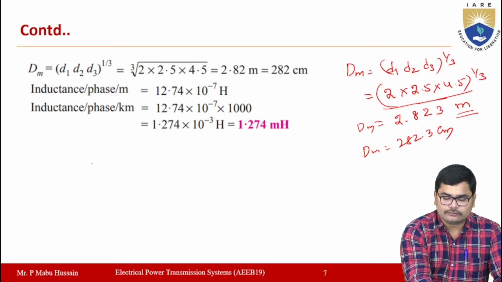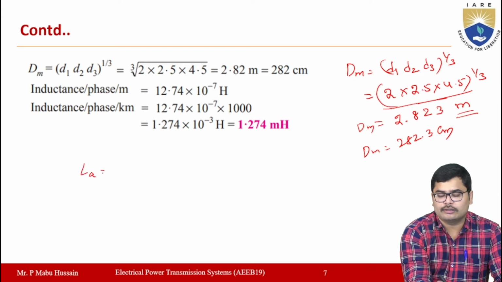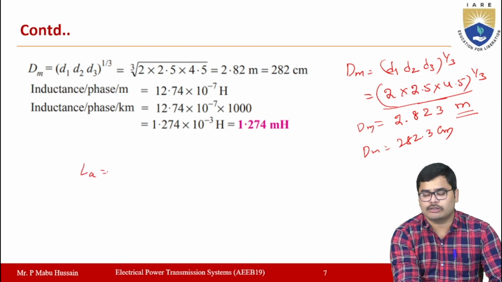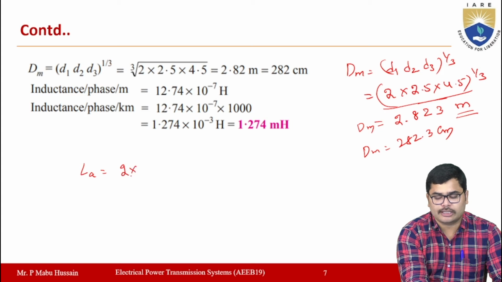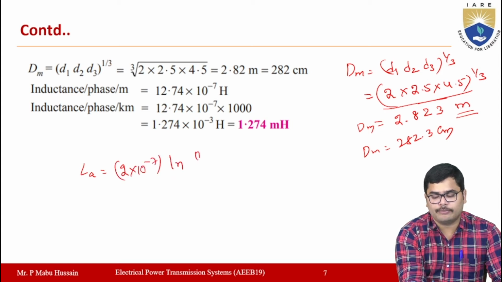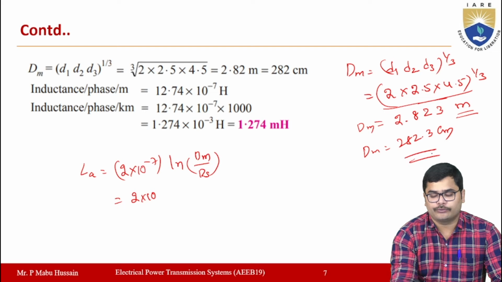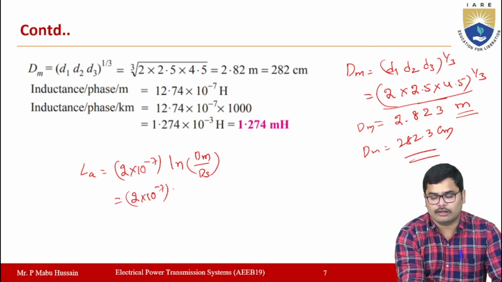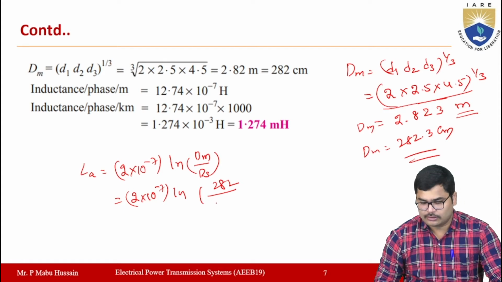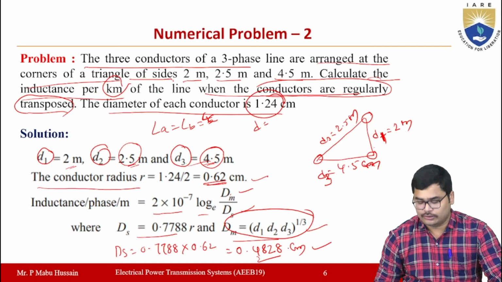So then the inductance per phase in a three-phase transmission line system you can calculate by using the expression 2 into 10 power minus 7 into ln dm by ds. Here the value of dm is 282, so 2 into 10 power minus 7 ln, dm is 282 by ds value, which is 0.4828.